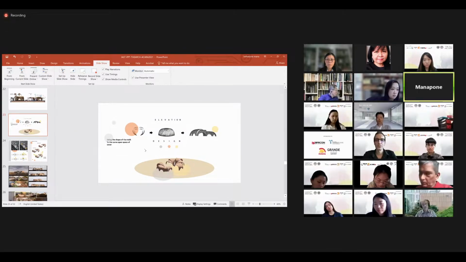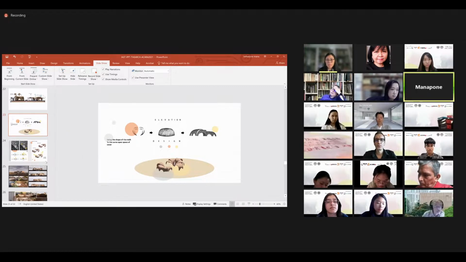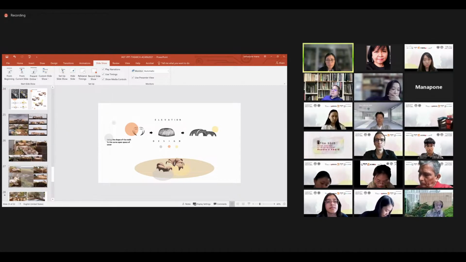So there is no entrance, no doors; people can come in from everywhere.